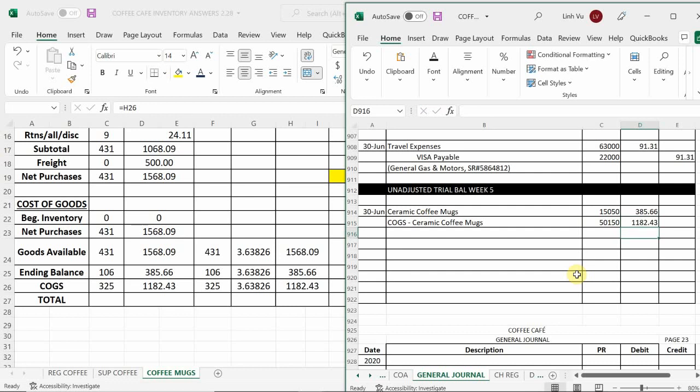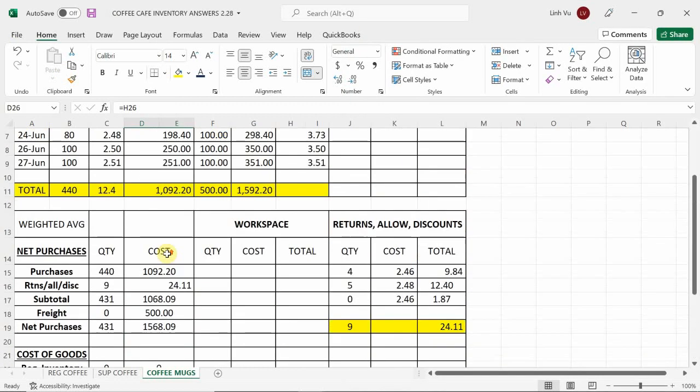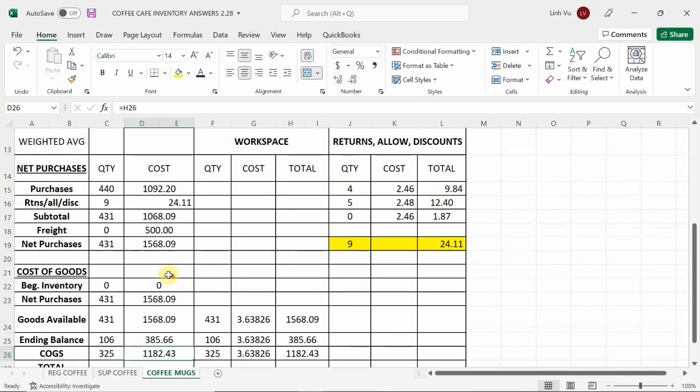Now I need to refer to my purchase expense. My purchase expense is going to be whatever you originally purchased your total value for. In this case, I have a purchase expense of $1,092.20.